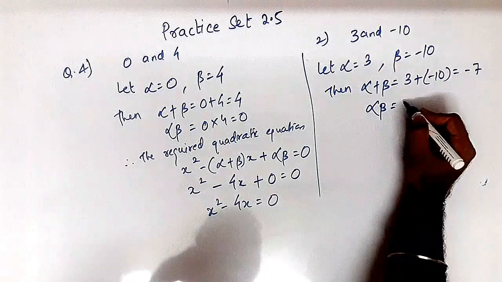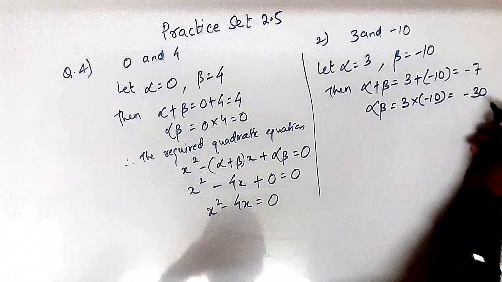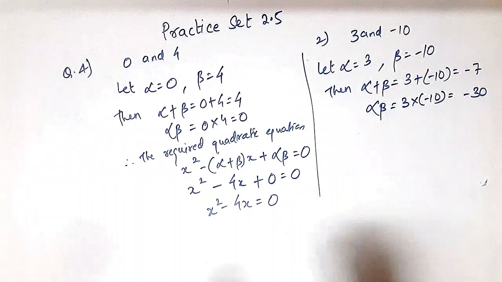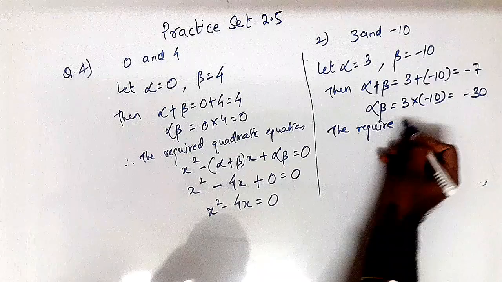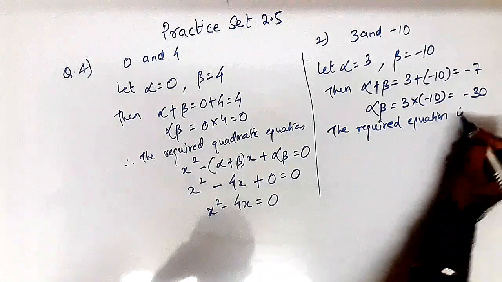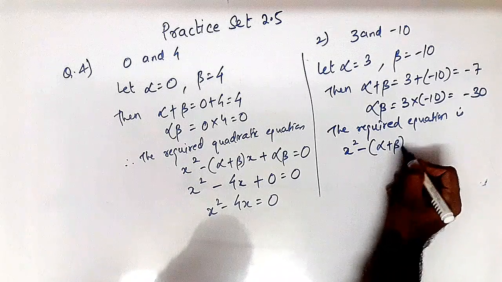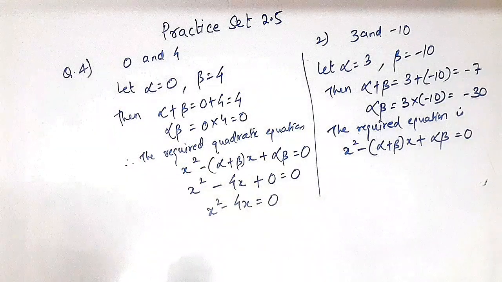Alpha into beta is 3 into minus 10. So it is minus 30. So we are getting minus 7 and minus 30. Then we will write the required equation is x square minus the sum of the roots into x plus product of the roots equals to 0.